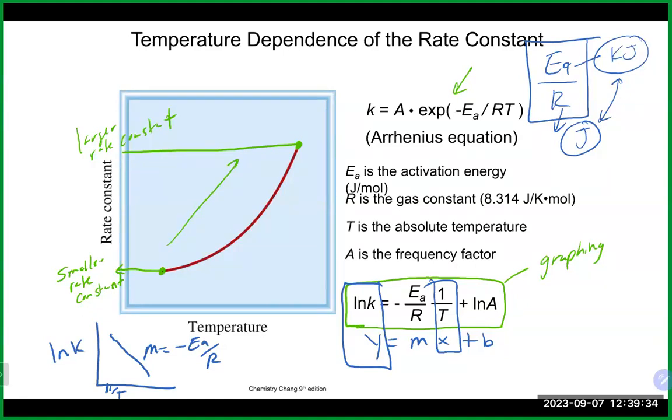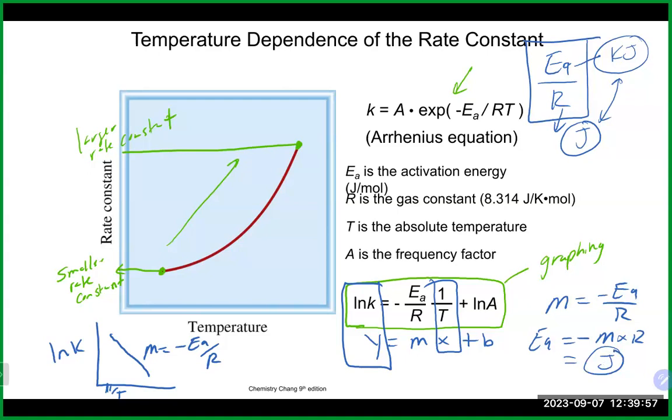That also means that when you solve for the activation energy using a graph, the activation energy will equal minus the slope times R. The units I would get out of this calculation are going to be joules, because R is in joules.